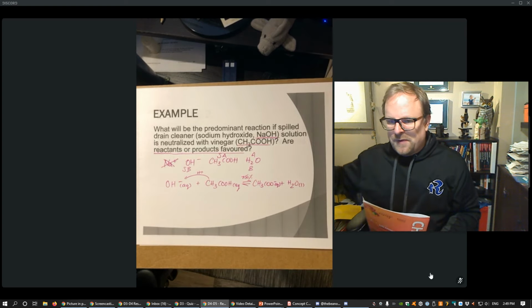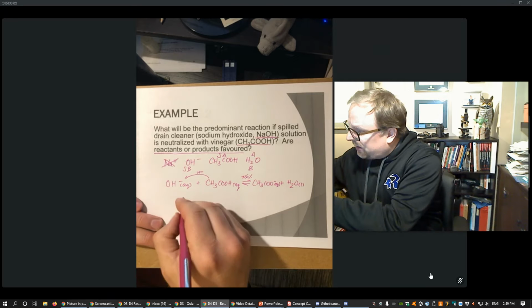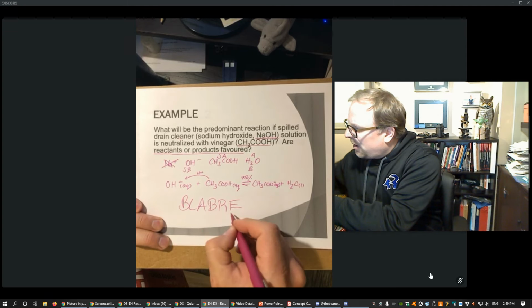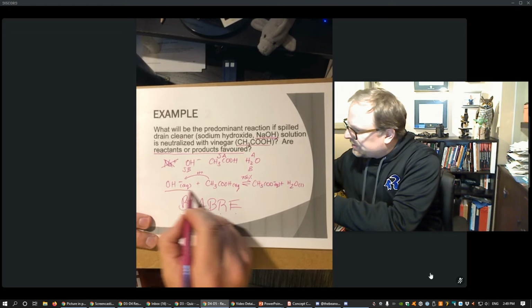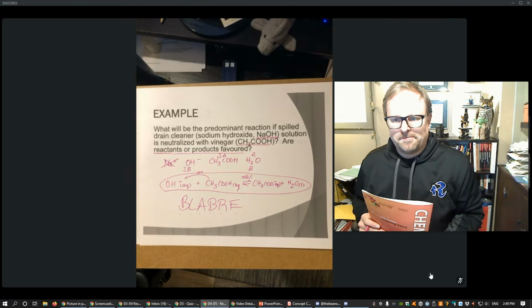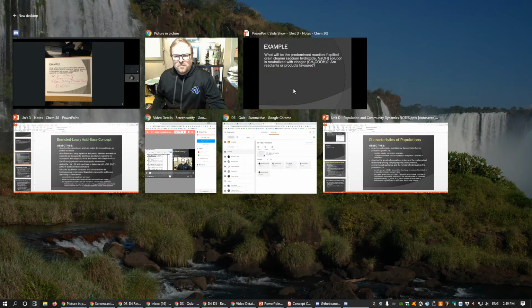That means that it's favoring the products, if you recall thinking back to D2. Hope that made sense to you. Relatively straightforward stuff. This has created a BLBR for us. So if I ever ask about a Bronsted-Lowry acid-base reaction equation, this is a Bronsted-Lowry acid-base reaction equation. Cool?